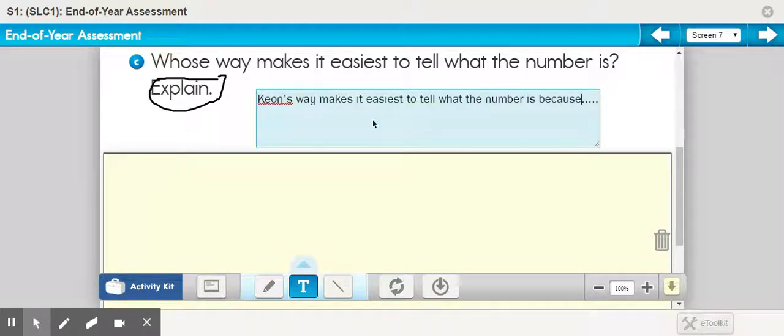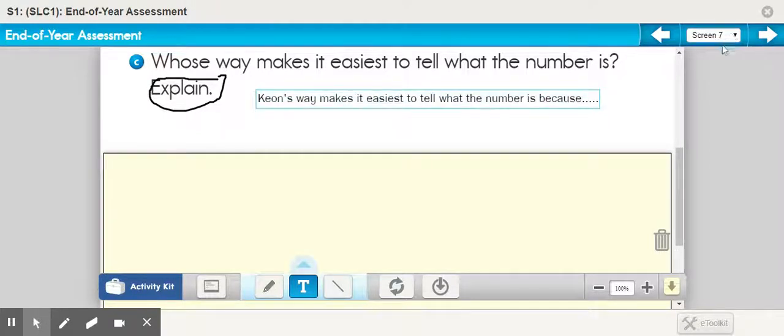At this point in second grade, you need to use specific math vocabulary words such as multiplication, division, place value blocks, base 10 blocks. So to complete this problem, you can definitely use my sentence starter here. I picked one of the ways. If you think it's Dartriana's way, then you would switch Kian out with Dartriana.